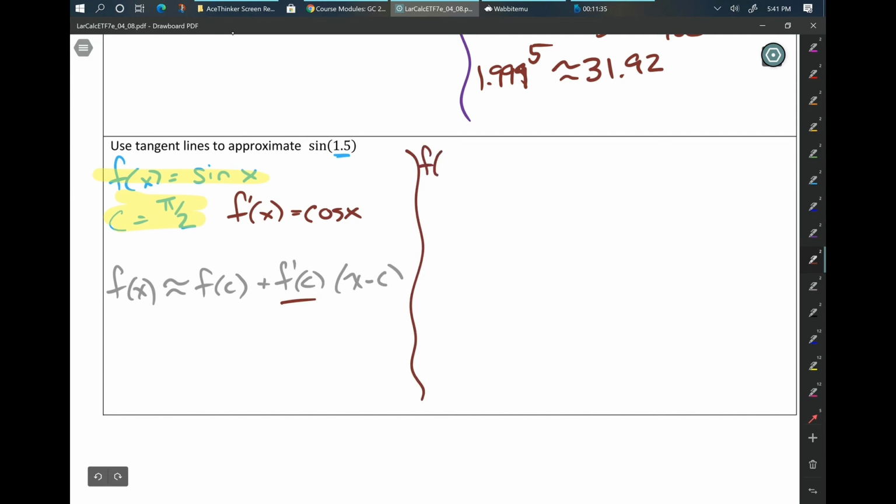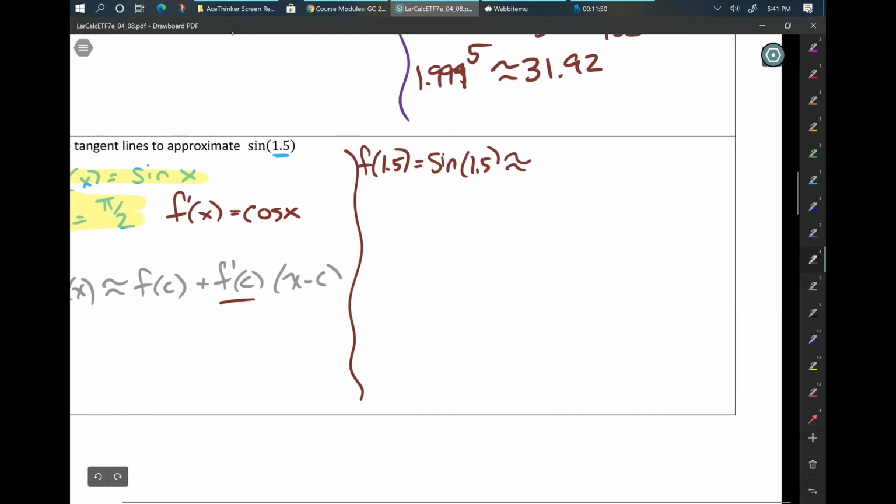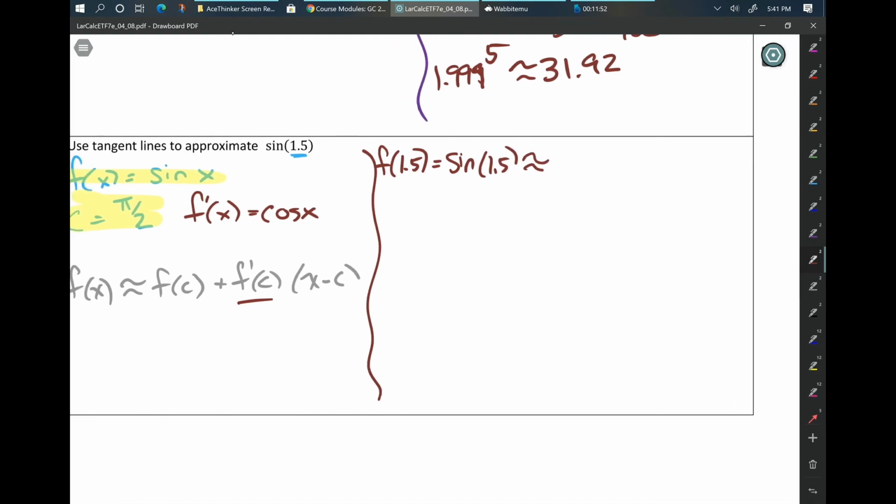We have that f of 1.5, which is going to be the sine of 1.5, is, ooh, that didn't come out really nice at all, going to be approximated by, let's see, f of c is the sine of pi over 2 plus the cosine of pi over 2 times 1.5 minus pi over 2.